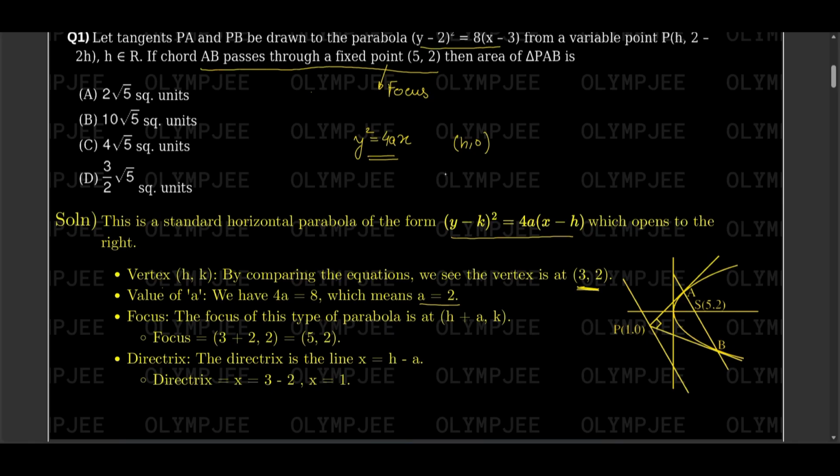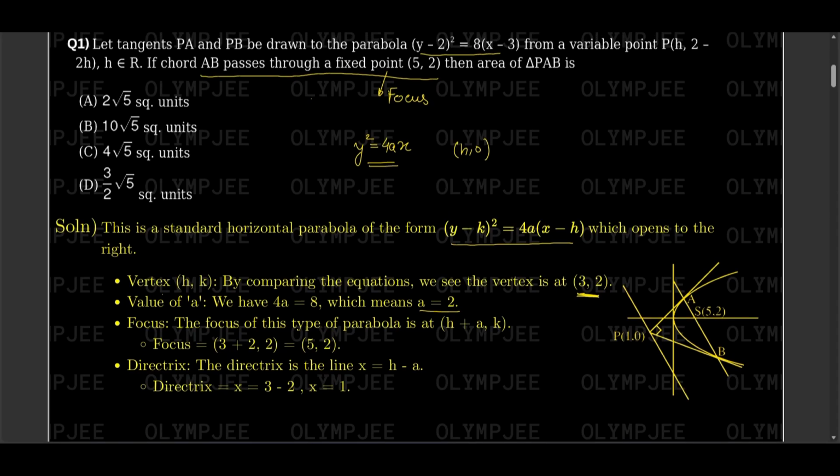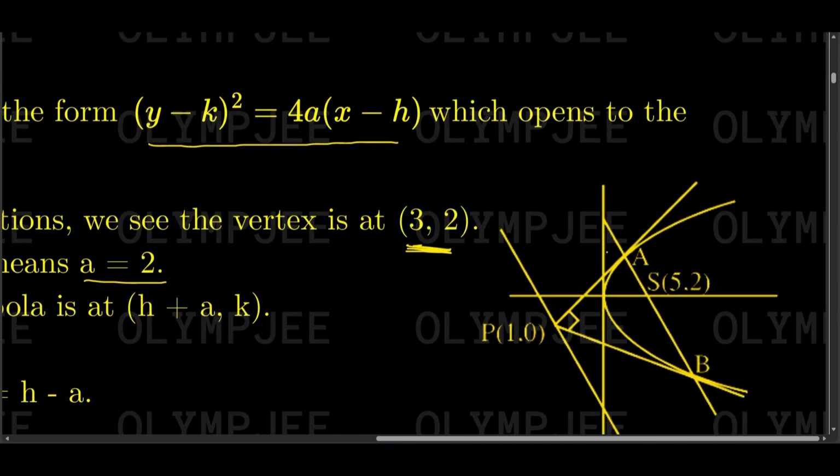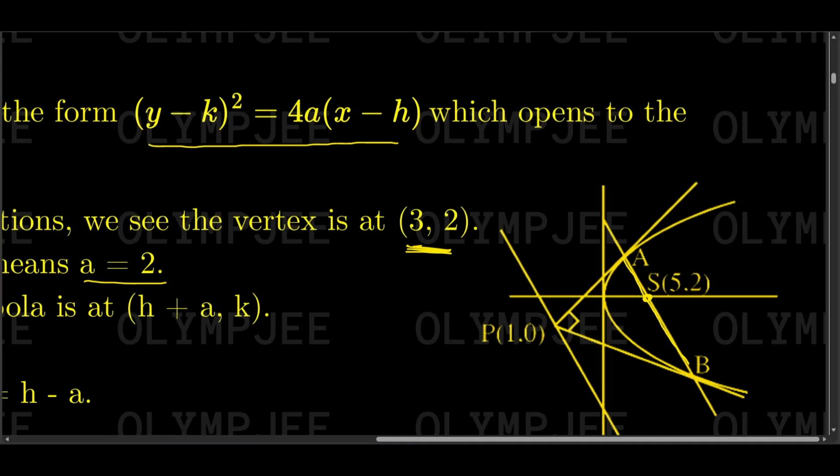Okay, so now we found that the chord connects the points where the tangents touch the parabola. So these are the tangents, right? PA and PB are the tangents and this is the chord. And we know that if the chord of contact is passing through the focus, which it is, as given in the question, then the tangents at the ends of the chord must meet at the directrix.